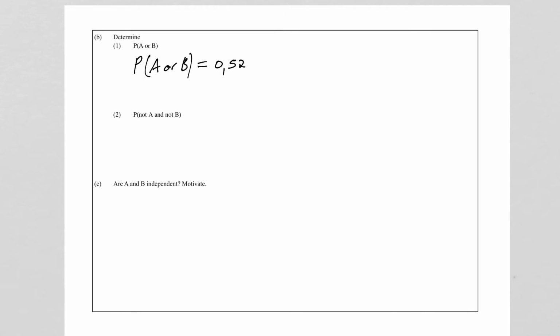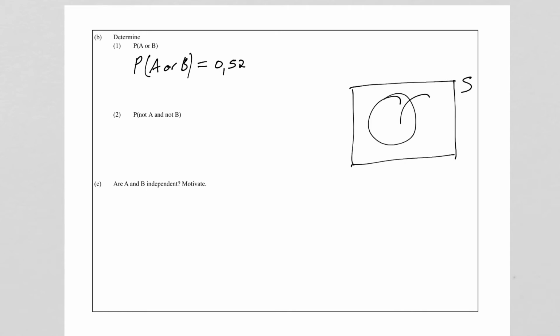The next question asks us for the probability of not A and not B. Now that is similar to the one we just spoke about earlier. And before we do it, I just want to show you on a Venn diagram how I will find the probability of not A and not B. I'm going to use little ticks again.